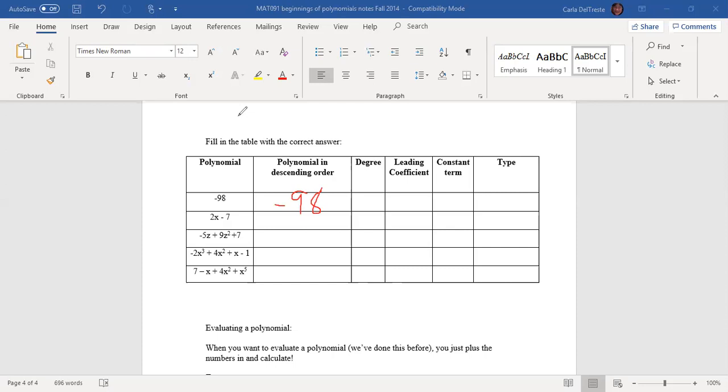There's no variable there, which means it's just like there's an x to the 0 there, which means the degree is 0. The leading coefficient is itself. The constant term is also itself. And the type is a constant.